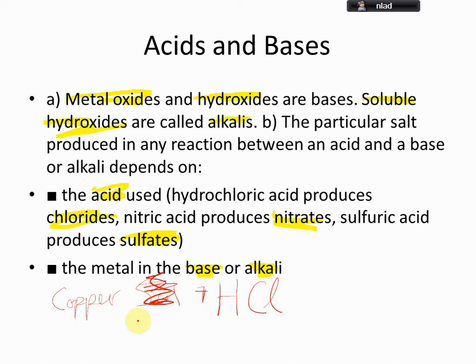If this was copper oxide, sorry, is what I should have said in the first place, or copper hydroxide. My mistake. Right, I shall end up with water, which is always produced from this chemical reaction, but also copper from the metal part of the base, and chloride from the acid. Okay, so copper chloride.